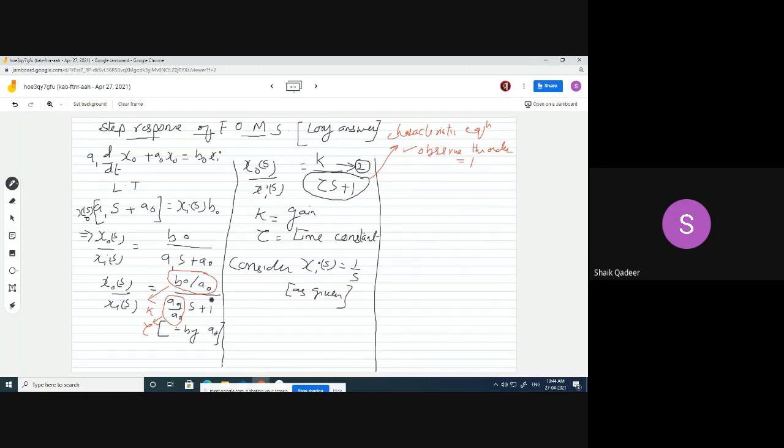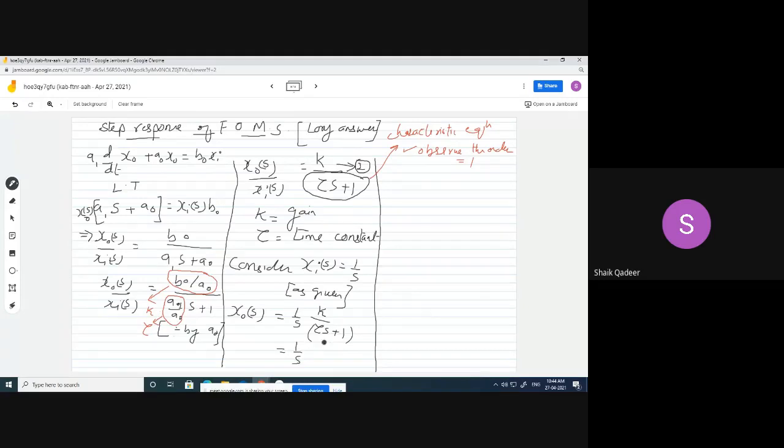Is it okay? Can I proceed? Therefore I can write Xo of s is equal to Xi of s, cross multiplication, so that will be 1 by s times K divided by tau s plus 1. Is it okay?